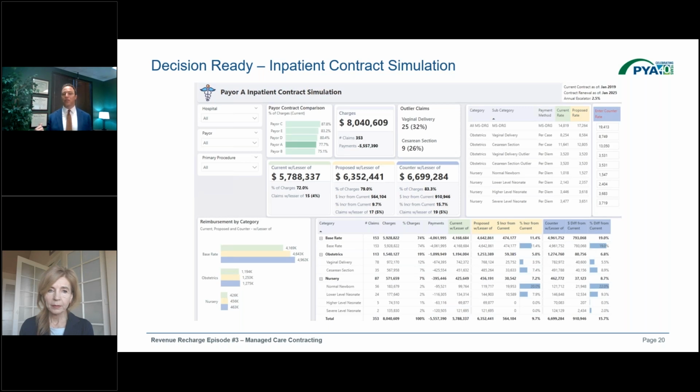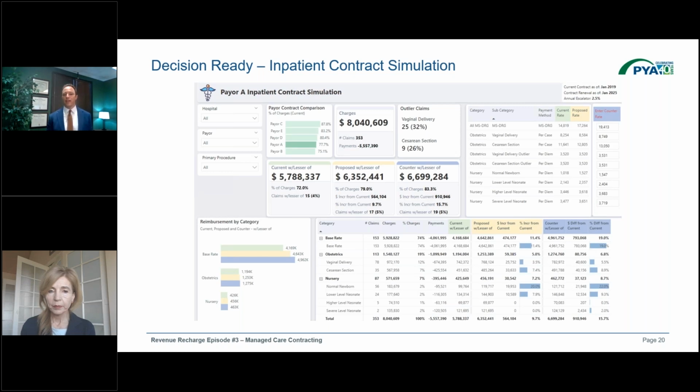Due to the time, I'm just going to share what we designed for submitting a competitive inpatient proposal. The current agreement for inpatient services, this hospital was getting 78% of billed charges. This was not as competitive as some of the other payer agreements that were in place.